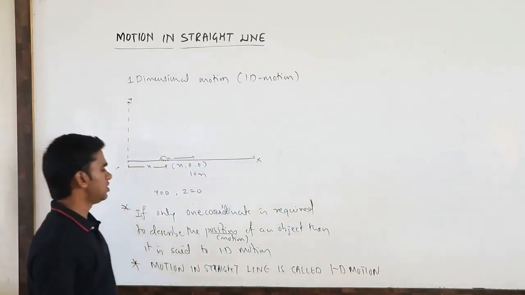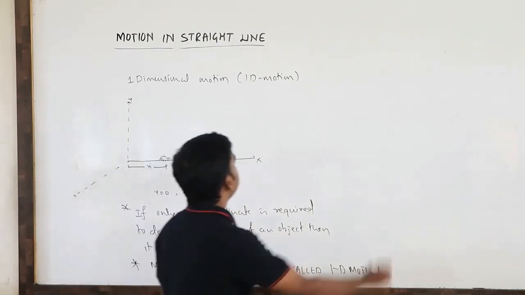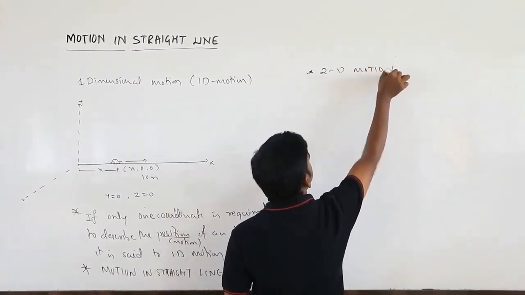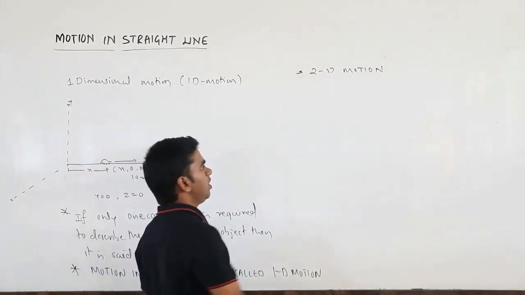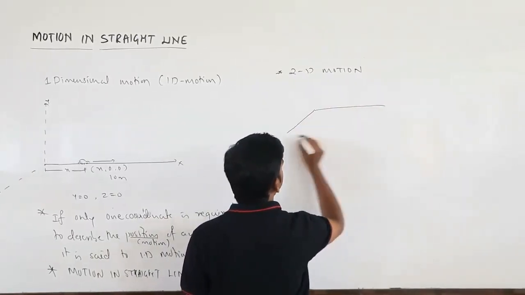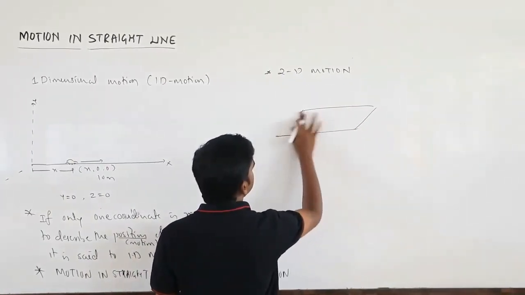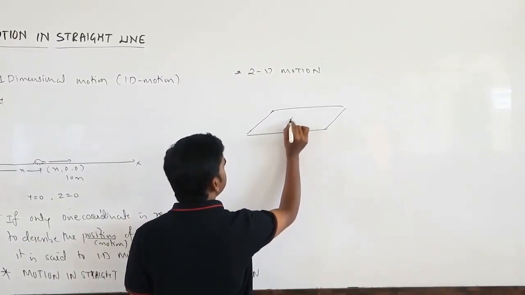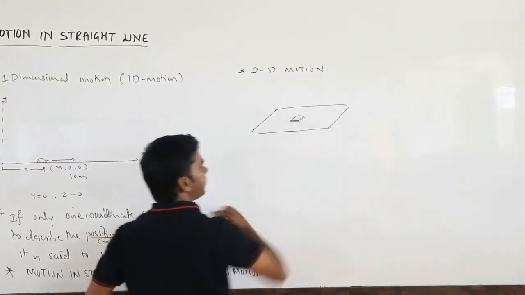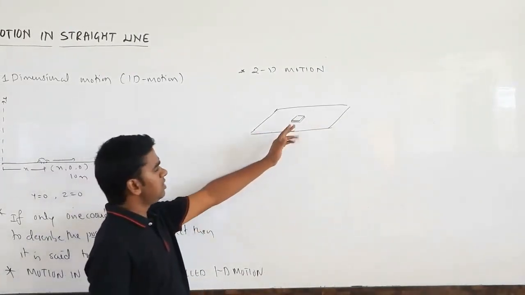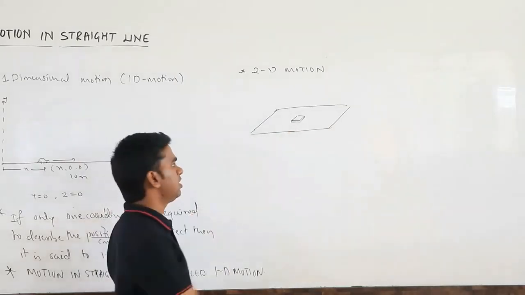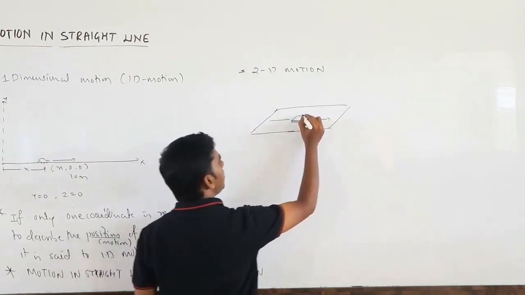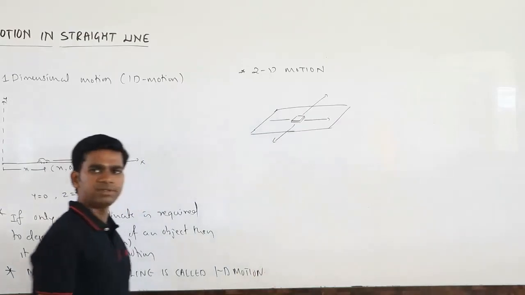Okay. So similarly, two-dimensional motion, or 2D motion. Now suppose you have a table, and one book is there on it. This book can move in any two directions. It may move in this direction, this direction, or that direction.